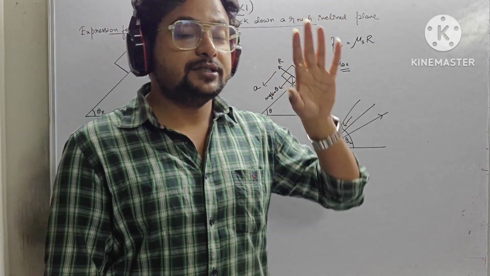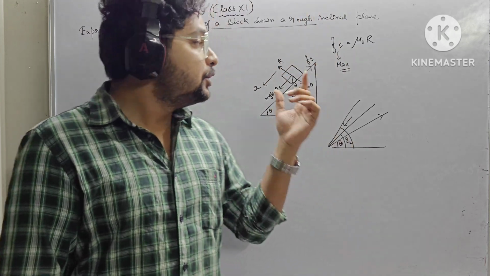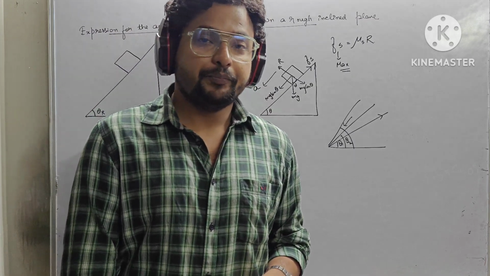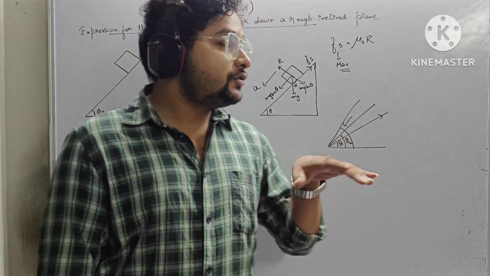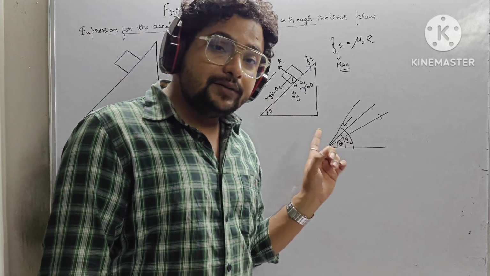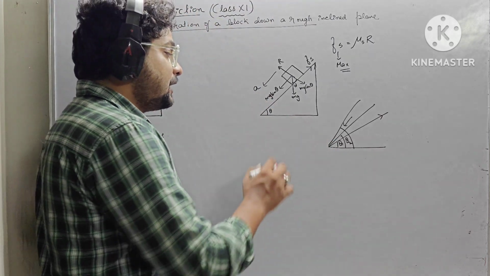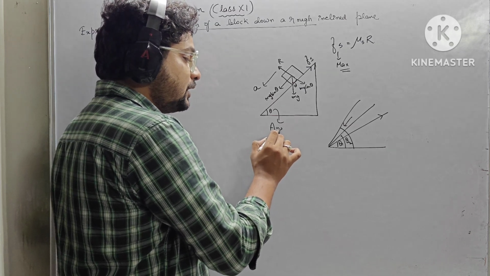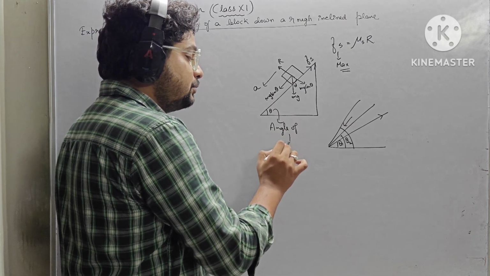Frictional force cannot increase beyond a certain level, so the mg sin theta component is going to cross that level, and at that point the block is going to slide down. That particular angle for which the block starts to slide down is known as the angle of repose.